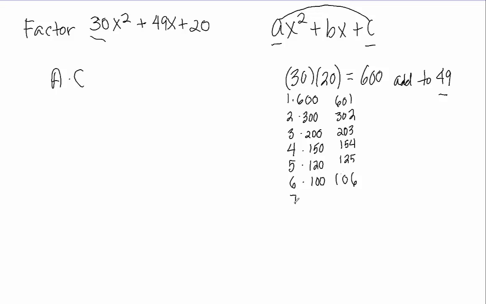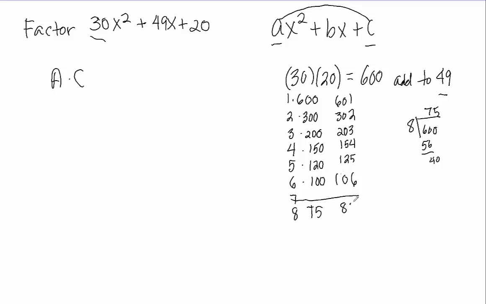7 won't go into 600. 8 will go into 600. Let's see, how many times? You'll have your calculator and you should use it. 8 times 75.